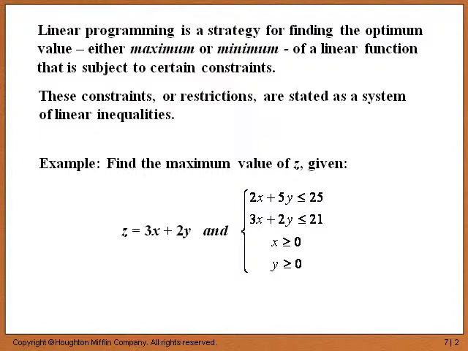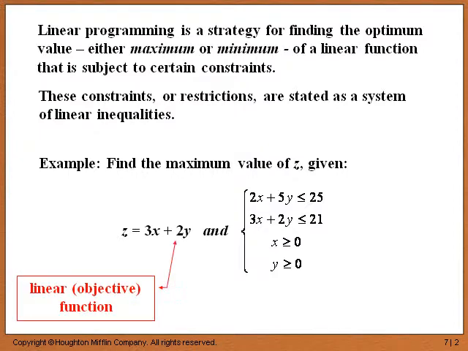Okay, now we're going to specifically look at how we solve this problem. And it's similar to what we did in the last section. In 7.5, we solved systems of linear inequalities graphically. So we're going to be using that method as well for linear programming. This z function is called the objective function.